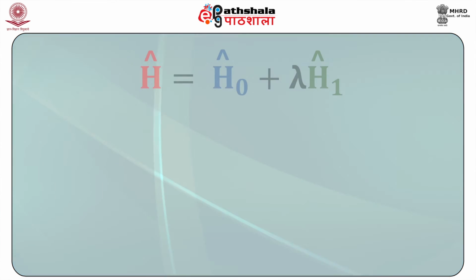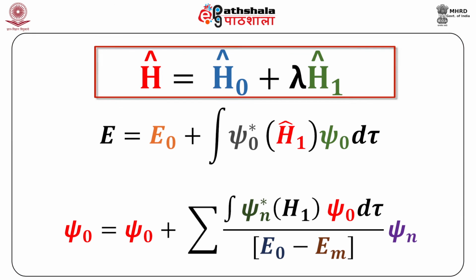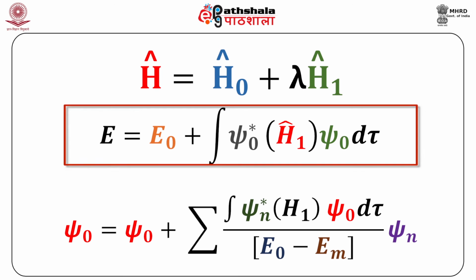We have already seen the various equations for the time independent first order correction. H cap is equal to H0 cap plus lambda H1 cap. This is the corresponding equation for the Hamiltonian. Then the corresponding equation for energy, which will give the first order correction to the energy, and the total energy would be given by E is equal to E0 plus integral psi 0 star H1 cap psi 0 d tau.